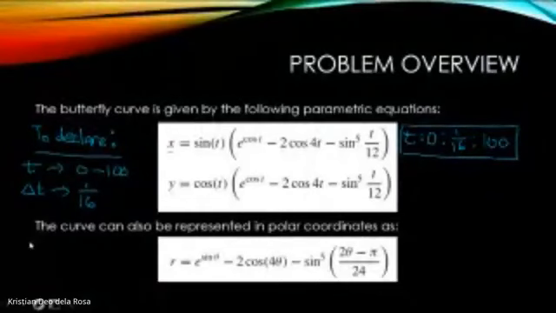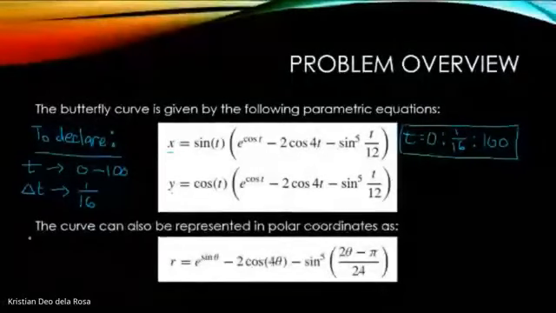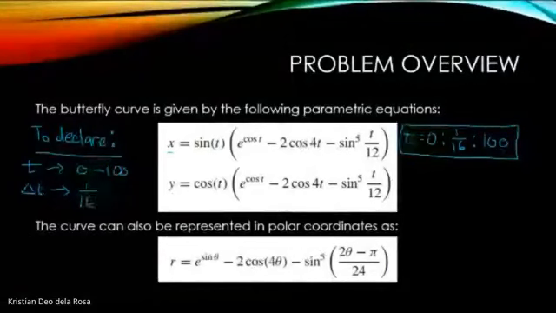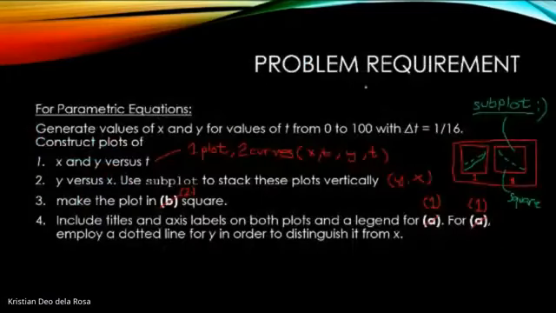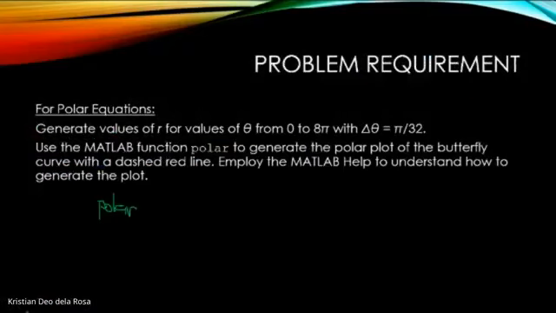Okay? And next, okay, so okay na yung pag-declare natin ng time. We can also do that for our polar coordinate. So, yung kailangan natin for polar coordinate is yung theta. And yung requirement is from 0 to 8 pi with an interval of 8 over 32.